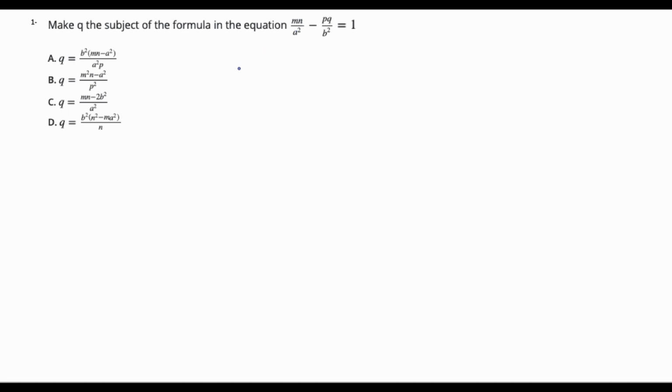equation we have here. Now to do that, we have mn over a squared minus pq over b squared equals 1. So to do that, the first thing we need to do is add pq over b squared to both sides of our equation.